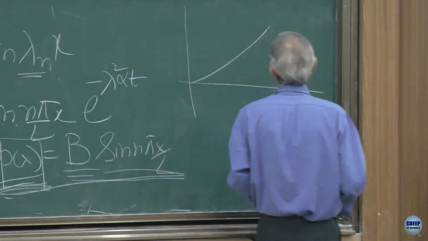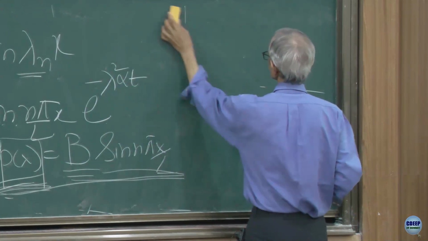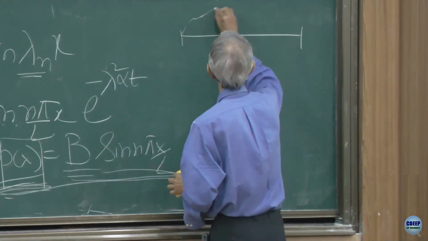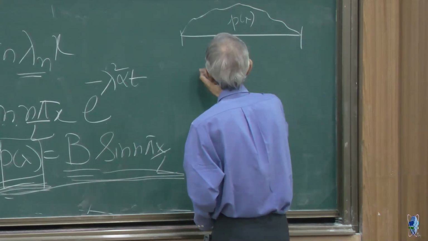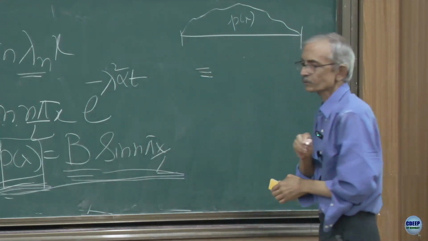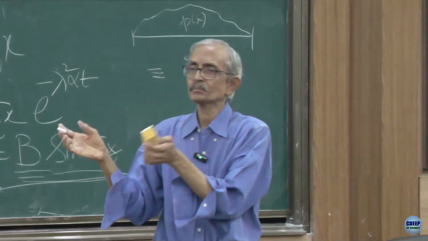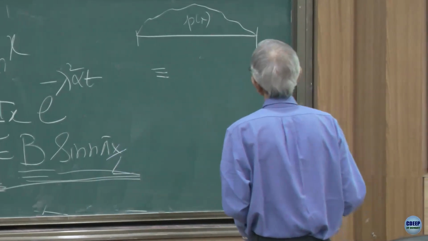Okay. Now this guy here, we had just said that this was my domain and this was this. Okay. So this is p of x. Okay. Now I'm going to use my Fourier series to represent this in terms of some sines and cosines. Okay. How do I do that?